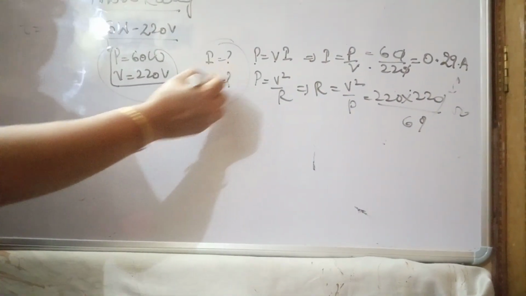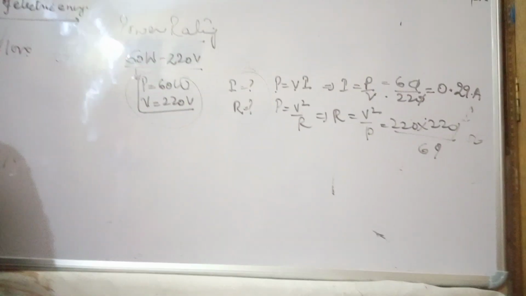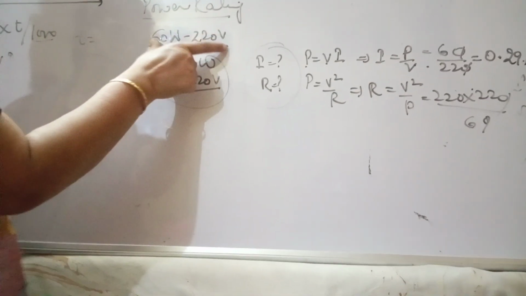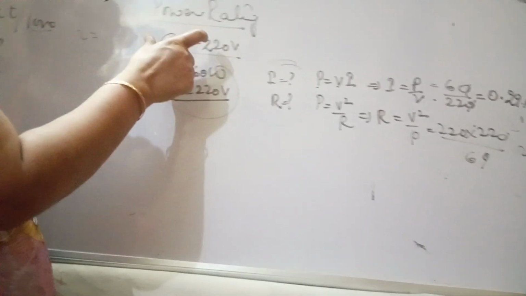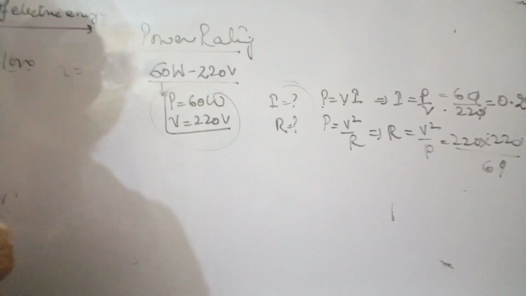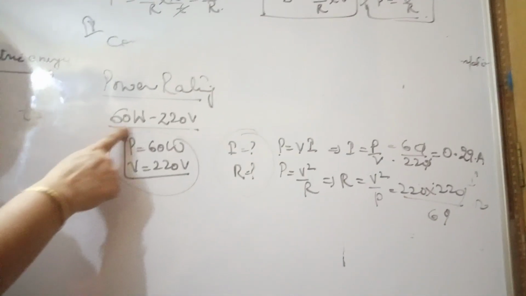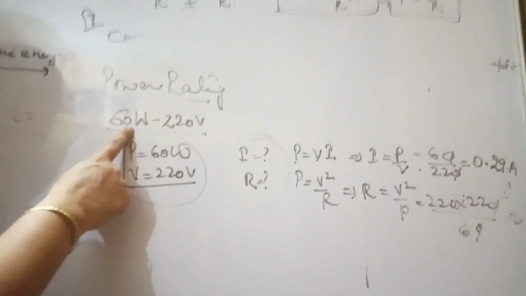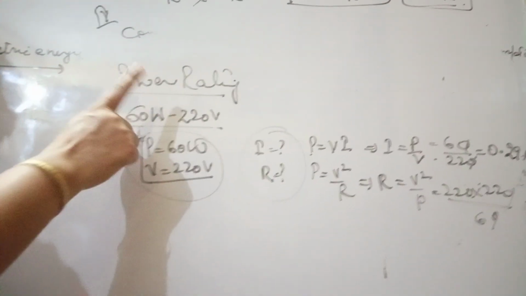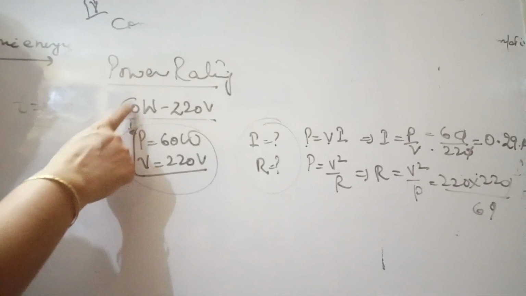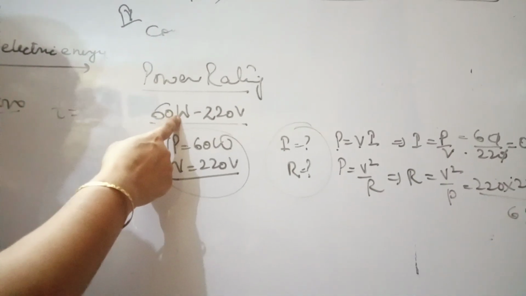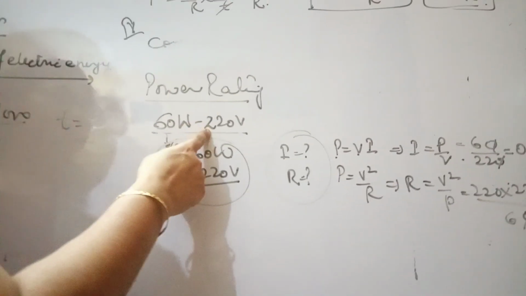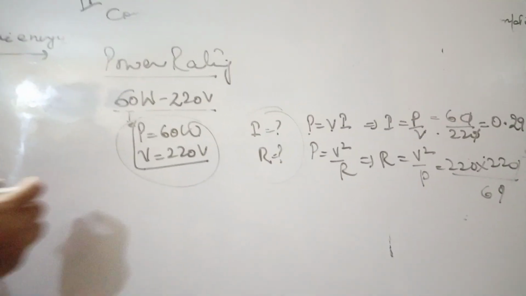So in this way we get the full information of the appliance. This information given by the company for any appliance is called power rating. It shows the power, meaning how much joule energy is consumed by the appliance in 1 second, that is 60 joule, or that the appliance consumes 60 watt, and it works on 220 volt.